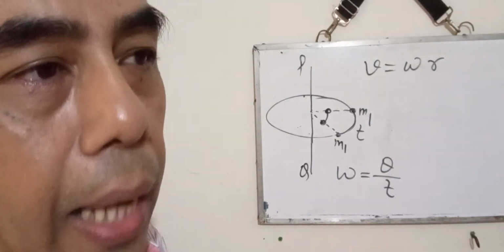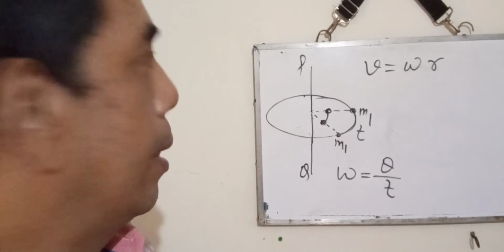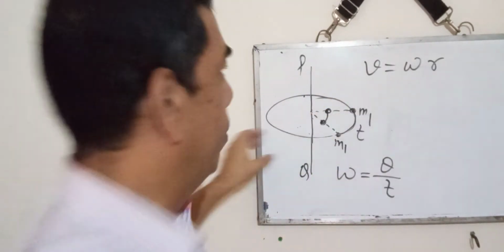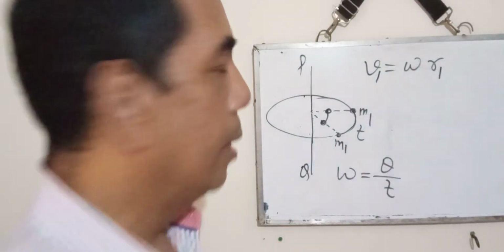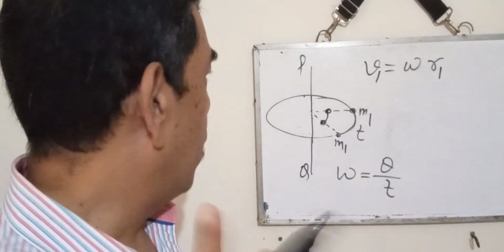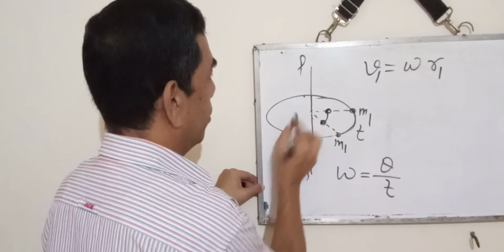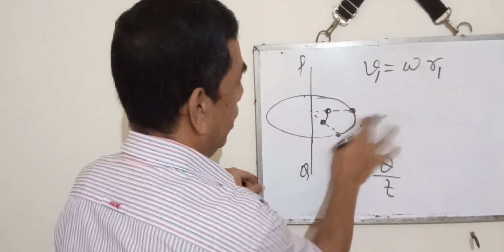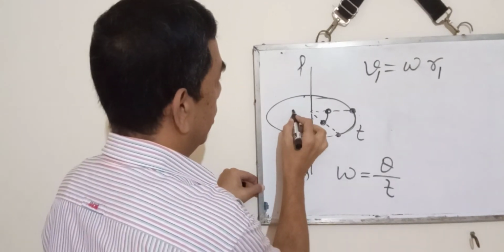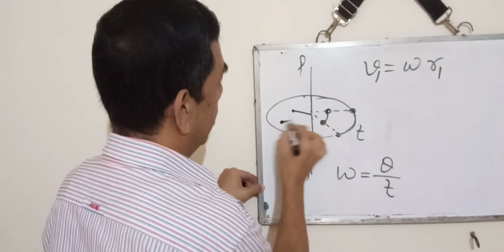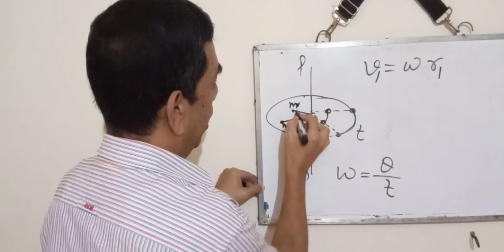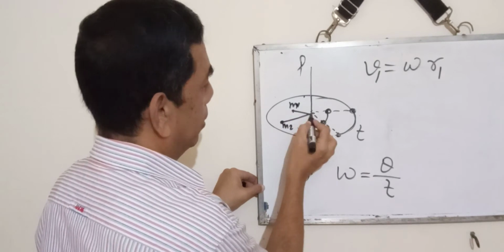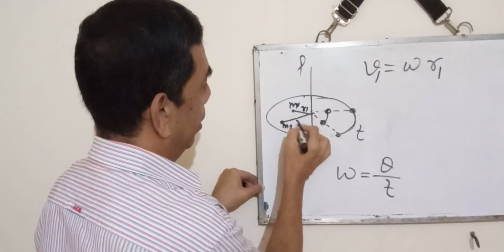For mass m1, the linear velocity will be v1 and the radius, suppose, will be r1. This is m1, this is m2, and this is the distance from the center. This is r1, this is r2.